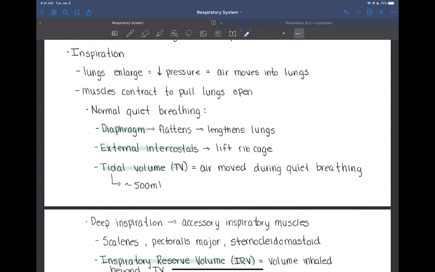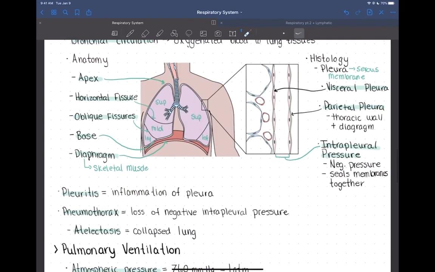During normal quiet breathing, if you're just sitting still, the diaphragm and the external intercostals are the muscles that are active. The diaphragm, as we talked about in that last picture, is a dome-shaped muscle, and it will come down and flatten, and that will pull the lungs down and lengthen them.